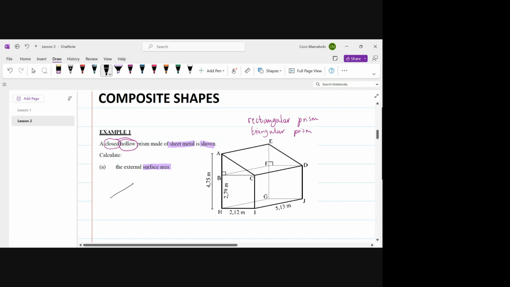Now, if I were to calculate for my rectangular prism, I can just draw one very quickly over here. I would take the front face, and the front and the back are the same, so I would take the area of the front times 2.